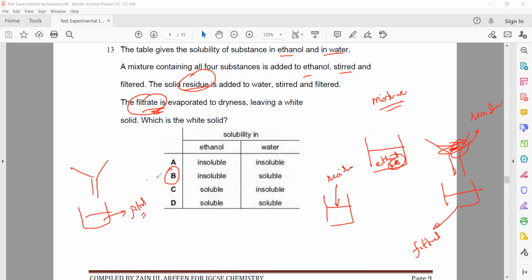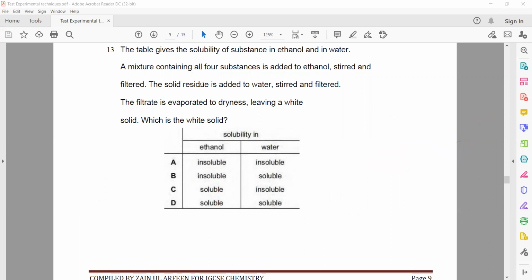That's why B is the right answer for this. So when a substance is a residue from ethanol, residue means it will be insoluble. But the other substance is a filtrate in water, so it means it was soluble in water.